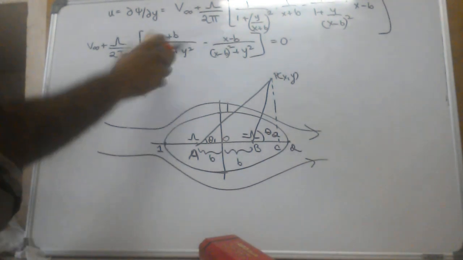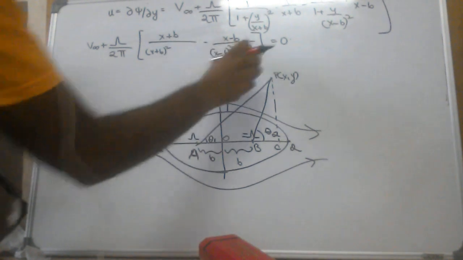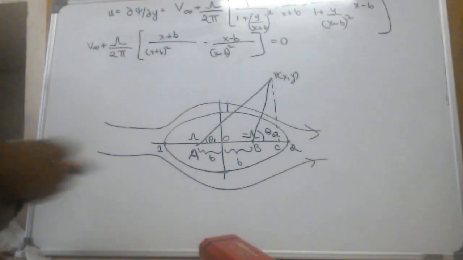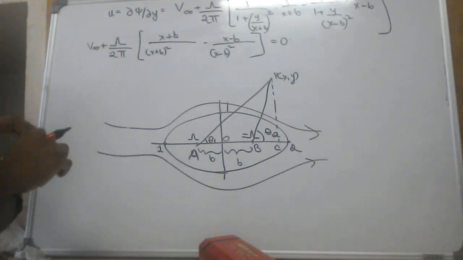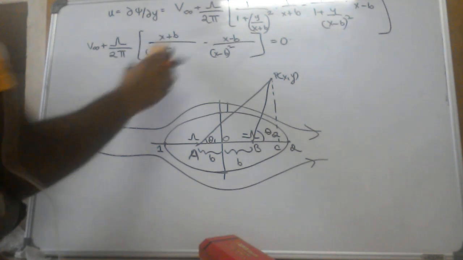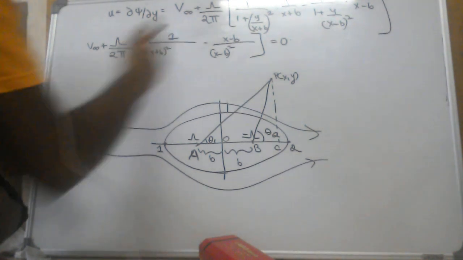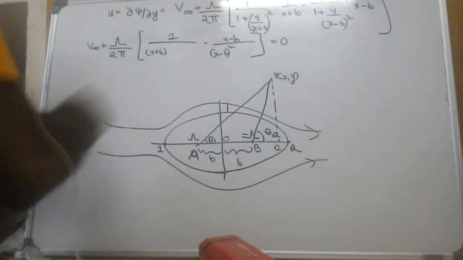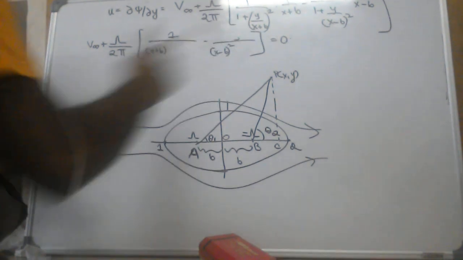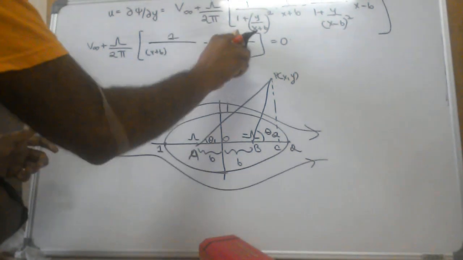So if I plug y equal to 0, these two expressions simplify, and this (x+b)/(x+b)² becomes 1/(x+b), and this becomes 1/(x−b).